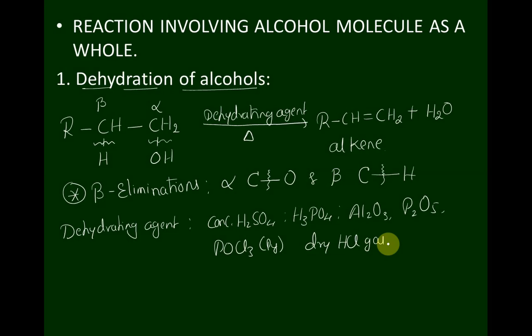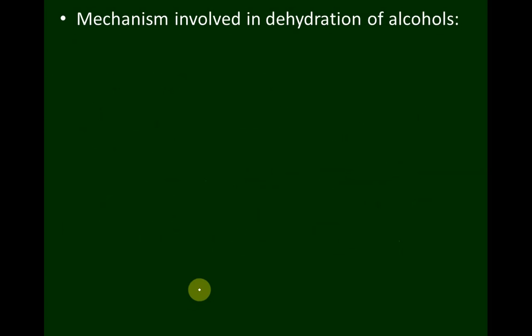All these chemical substances can act as good dehydrating agents for the dehydration of alcohols. Please note it down. Coming to the next, the mechanism involved in dehydration of alcohols, very important for class 12 examination.